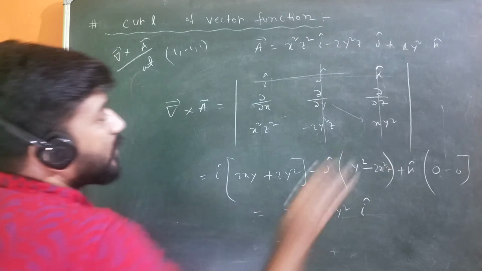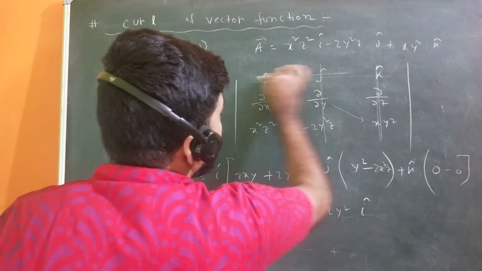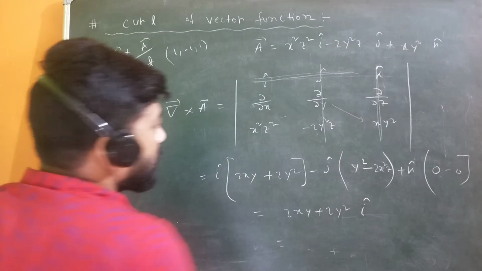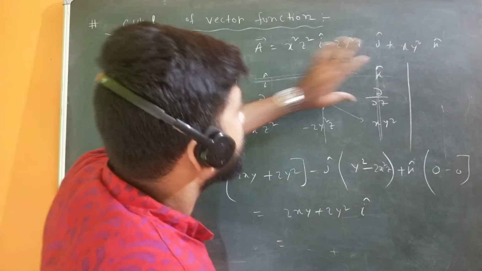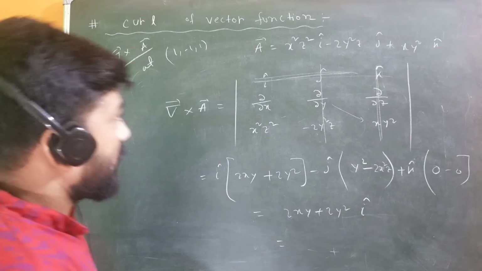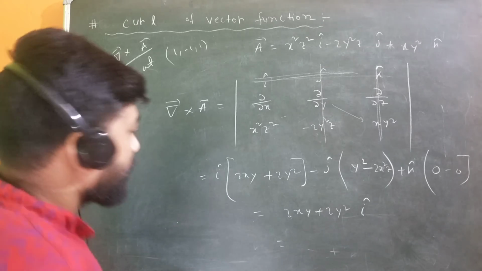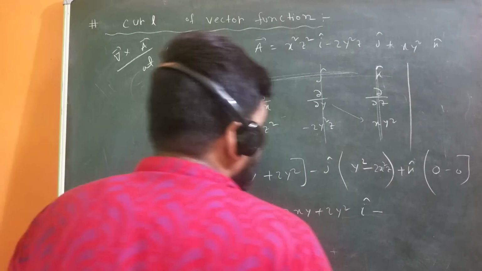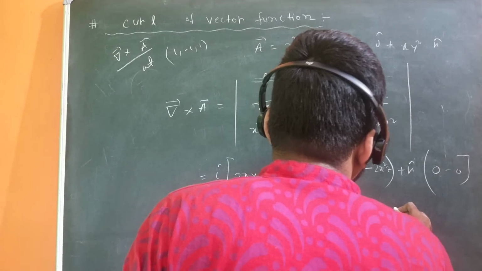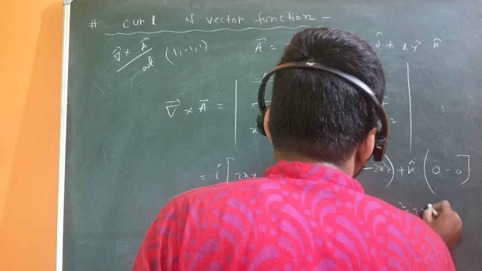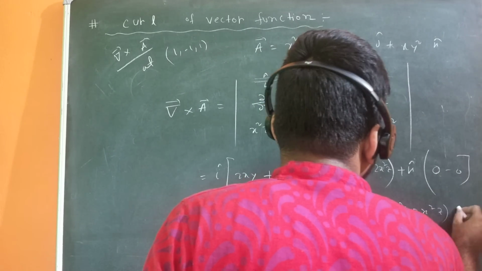Okay, so please correct this. I have taken this as a vector function, no issue. So minus we will have y square minus 2x square z into j cap.